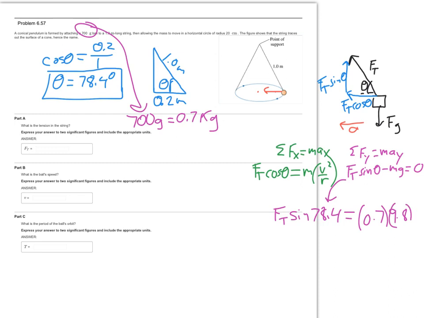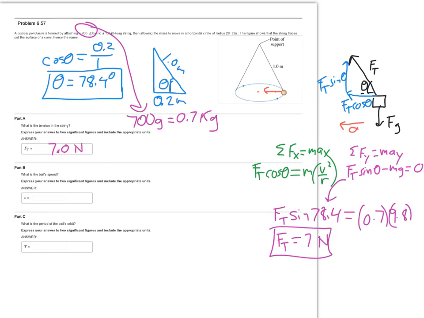Then I can solve for my tension. My tension in this case is going to be equal to 7 newtons. So there's my answer to my first question: What is the tension? That's 7, rounded to 2 sig figs, would be 7.0 newtons.